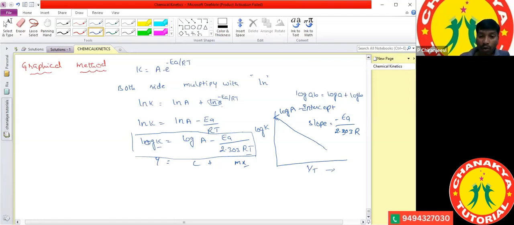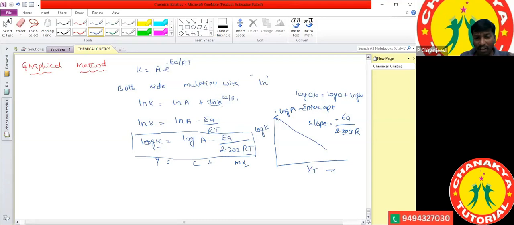And one more formula is there. Where are we using this formula? To calculate the Arrhenius constant. If you know the activation energy, the rate constant and the temperature, this formula can be used to calculate the Arrhenius constant value.